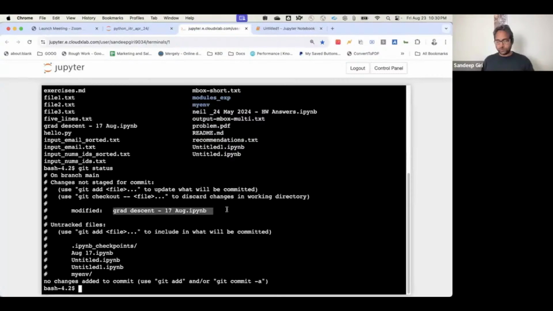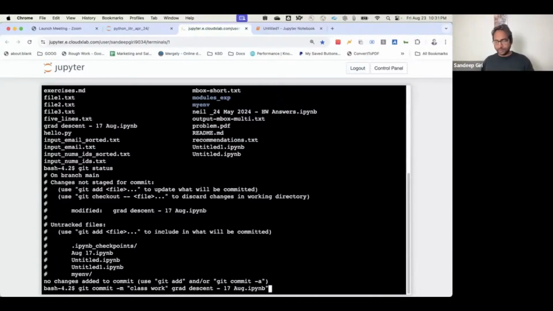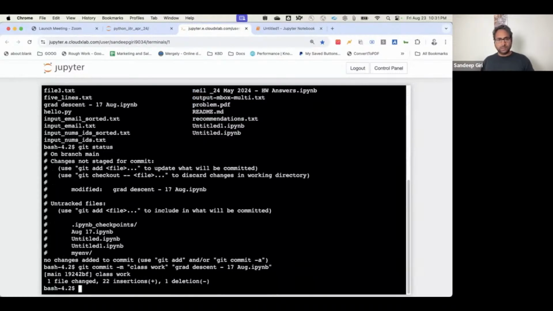Oh no, this one you modified gradient descent. That was there, but I think the August 17 one also needs to be checked in, because that was the one which had some examples. I think I just modified the August 17. Yeah, I forgot to add this one.